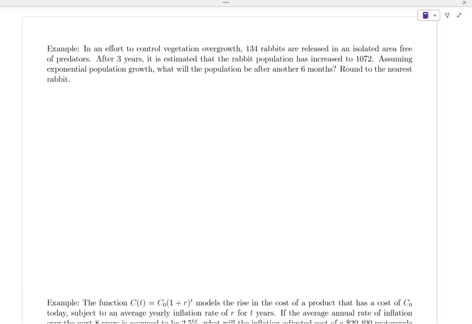Okay. All right. So we have 134 rabbits that come in. In 3 years, the population has grown to 1,072. So let's use that information first to set up our model. And then we'll worry about answering the question.